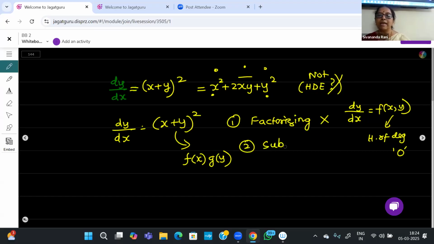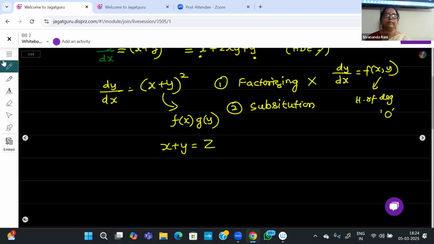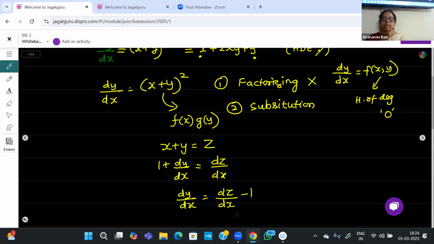Then what did I tell you? What is the second method? You should try and substitute something. So let us try and substitute x plus y as z. Okay. Can you try afterwards? You can differentiate this. Can you try and separate now?